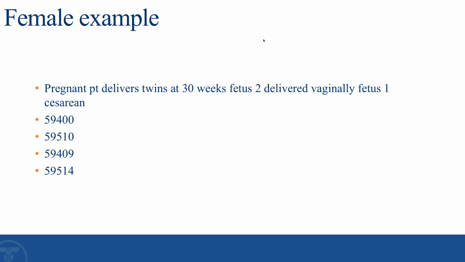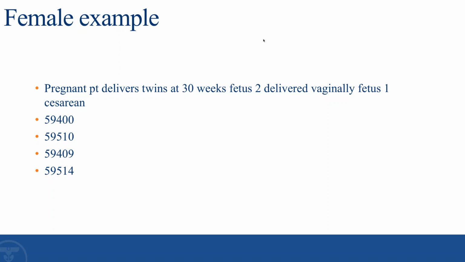In regards to the cesarean and the regular delivery, would it be fair to say that when you're doing these procedures, the most extensive will always be listed first? Absolutely, because that's how reimbursement is distributed.